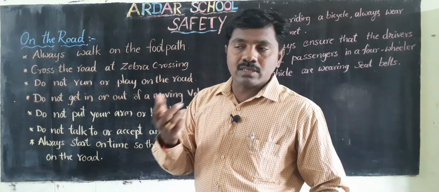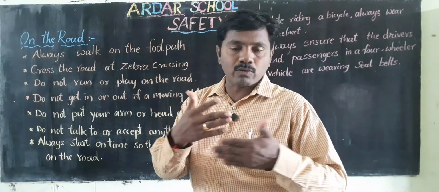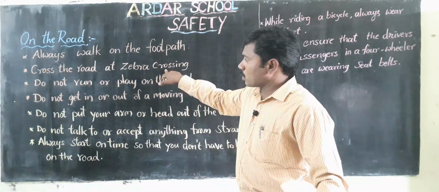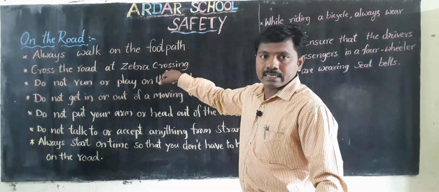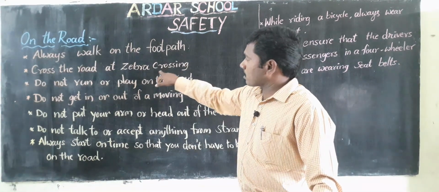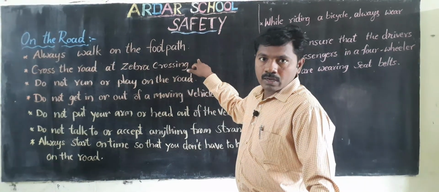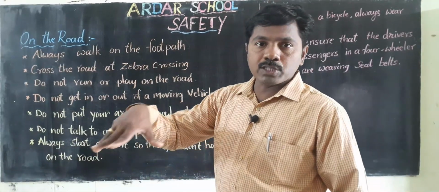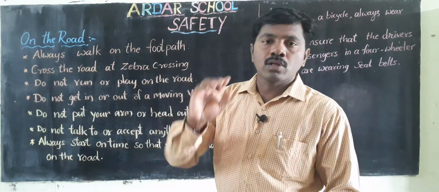If you observe the skin of the zebra, there are black and white patches. Like that, on the road also we can observe white and black. That is called the zebra crossing. Only at that place can we cross the road.